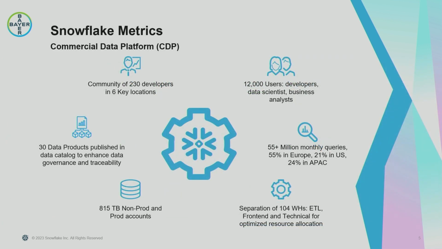In terms of Snowflake metrics in the commercial data platform area, we have a community of 230 developers in 6 locations: Beijing, India, Spain, Germany, Brazil, and North America, within 12,000 users with different profiles, developers, data scientists, business analysts, that execute on average 55 million monthly queries, most of them in Europe. 30 data products are published in the data catalog. 104 warehouses are split between ETL jobs, front-end, and technical jobs for optimized resource allocation.